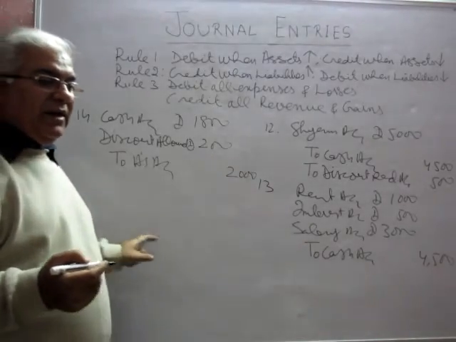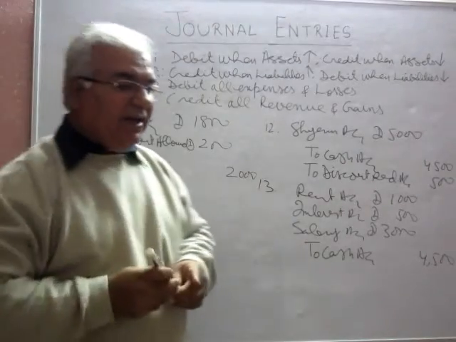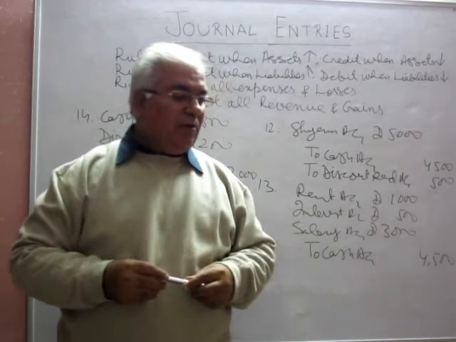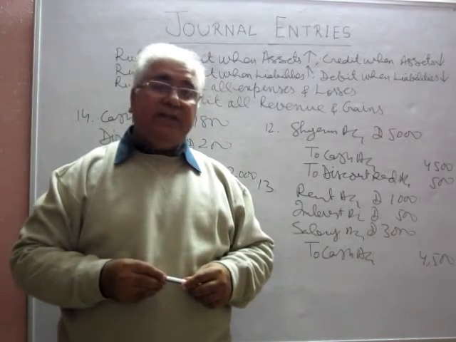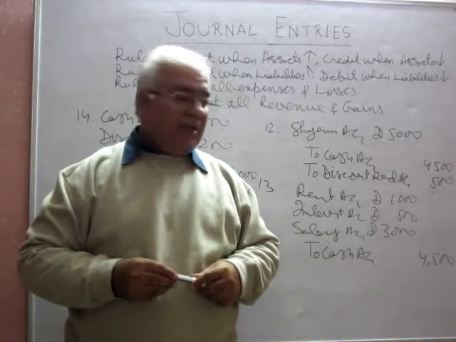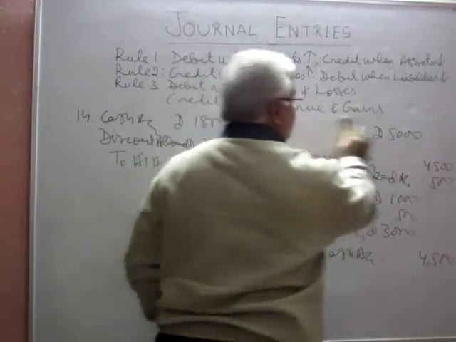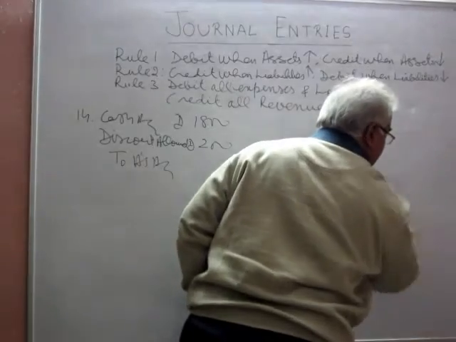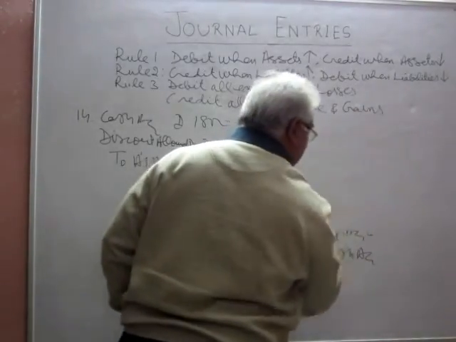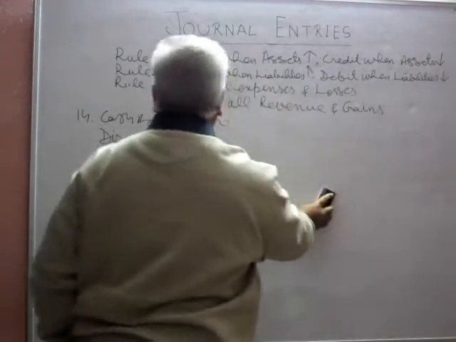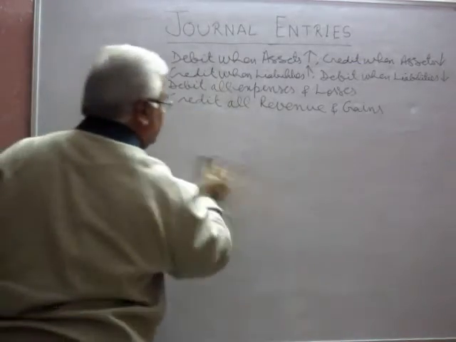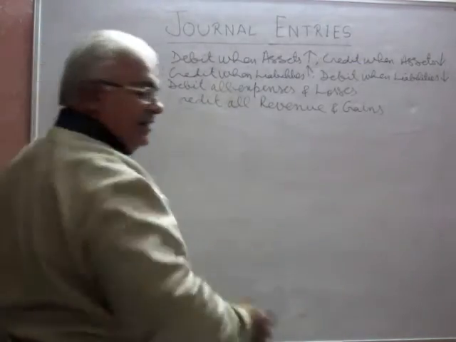Okay. Next entry is purchase goods from Gopal, who allowed 10% trade discount. Now, do you know the meaning of trade discount? See, there is a difference between cash discount and trade discount. This you must understand. What is the difference between trade discount and cash discount?